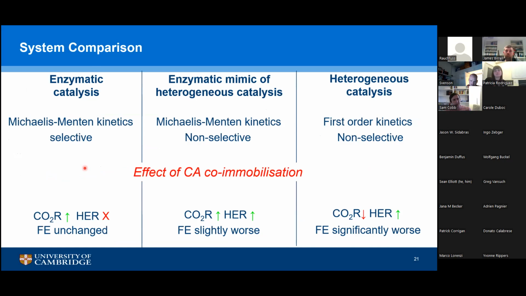And this can be compared and contrasted, and we can say as we move from our Michaelis-Menten kinetics with selectivity through to a first order system that's not selective, effectively we have different responses, and our CO2 reduction activity definitely increases when we've got Michaelis-Menten kinetics, but that's all due to pH, and we don't have to worry about hydrogen. But then in the other case, CO2 reduction is hurt and hydrogen evolution increases, so it gets significantly worse.